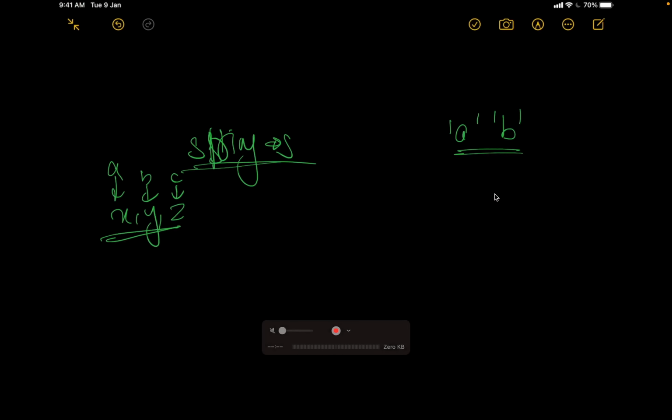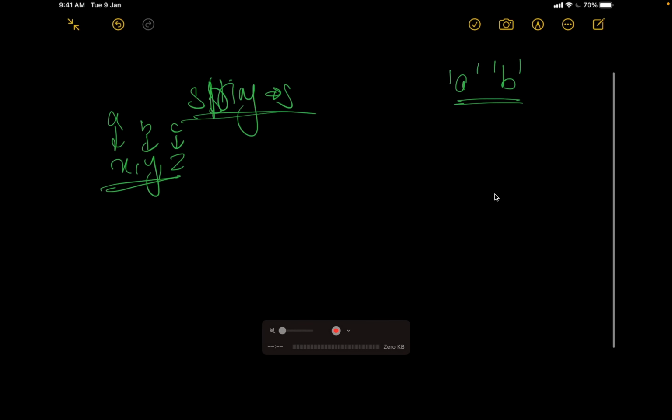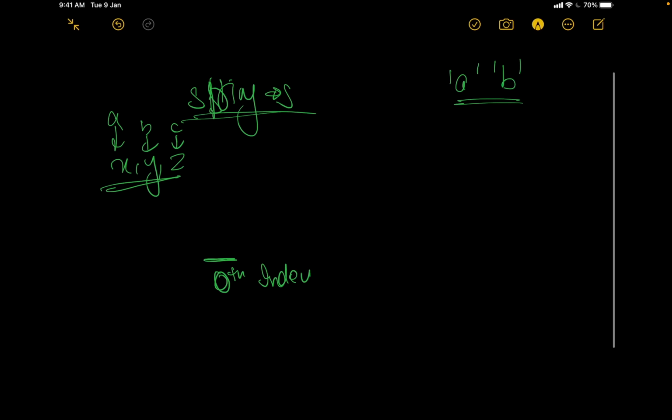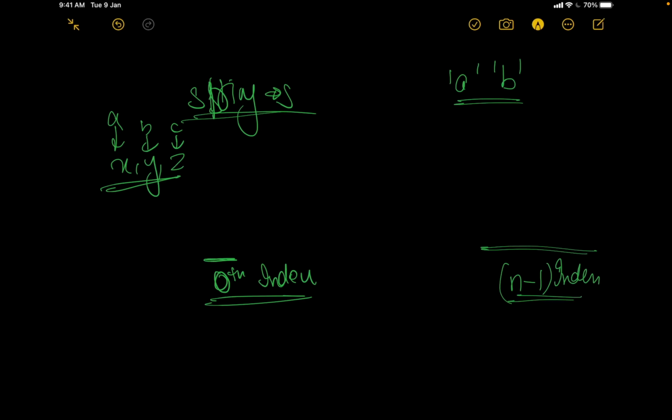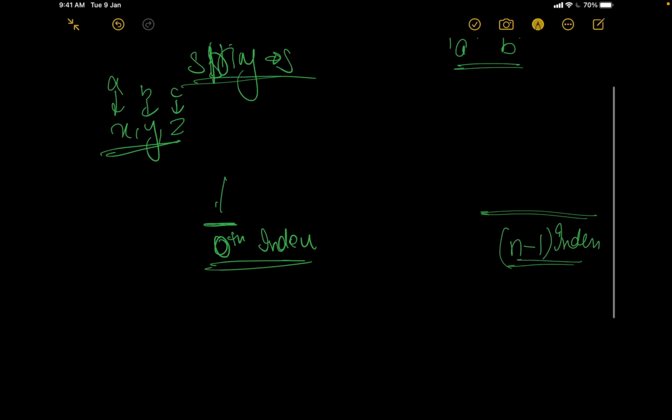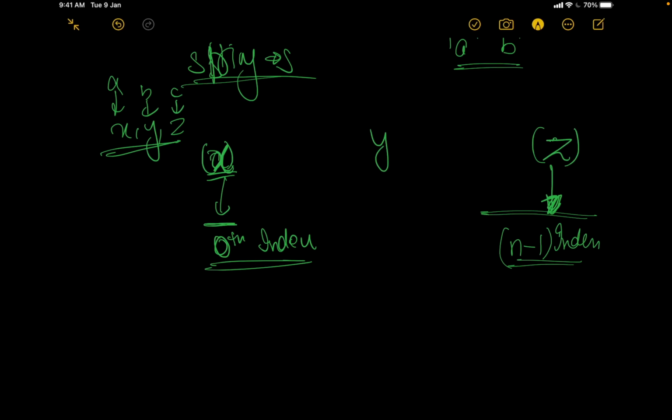Let's say this is the 0th index, and this is the n minus 1 index. Since the strings are non-empty, the 0th index would definitely always be in X, and the n minus 1 index would always be in Z. Now what about Y?